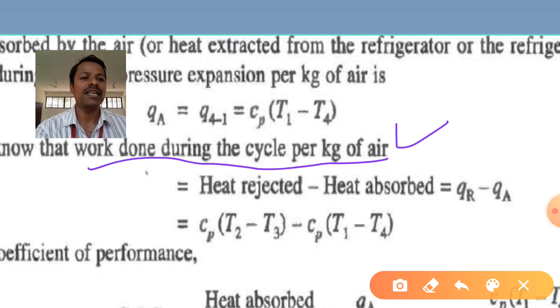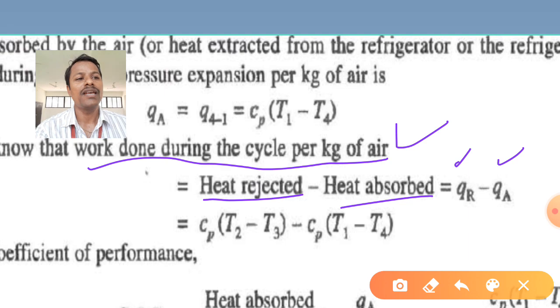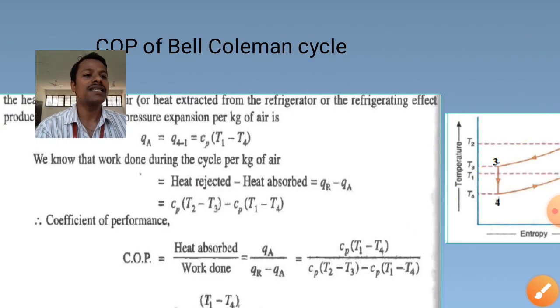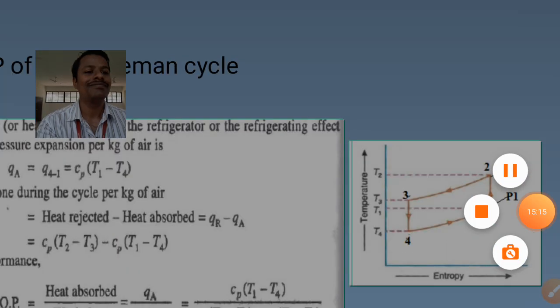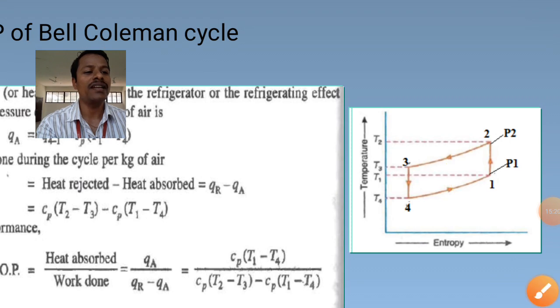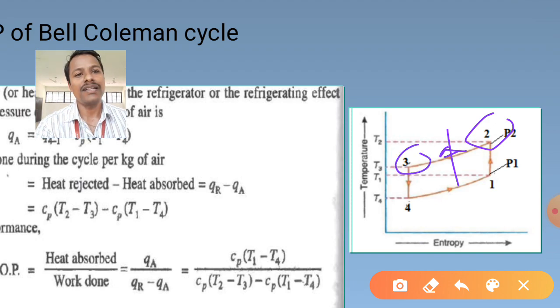That is nothing but heat rejected minus heat absorbed. Just now I told you, this is heat rejected QR minus QA. So where are we rejecting the heat energy? We are rejecting the heat energy during the process 2 to 3, that is H2 minus H3, enthalpy at state 2 minus enthalpy at state 3.